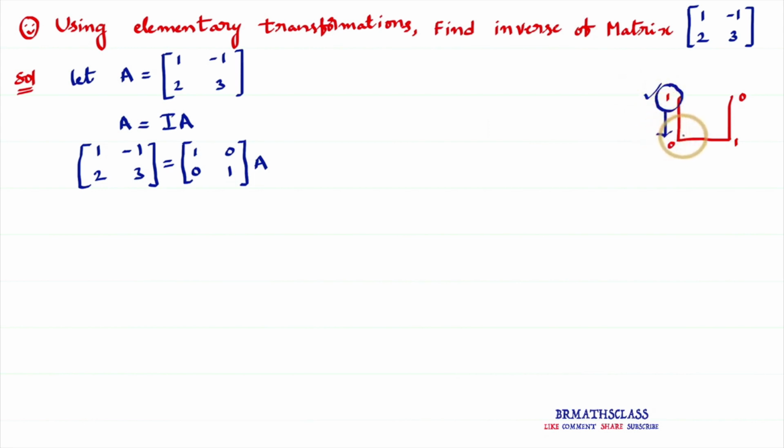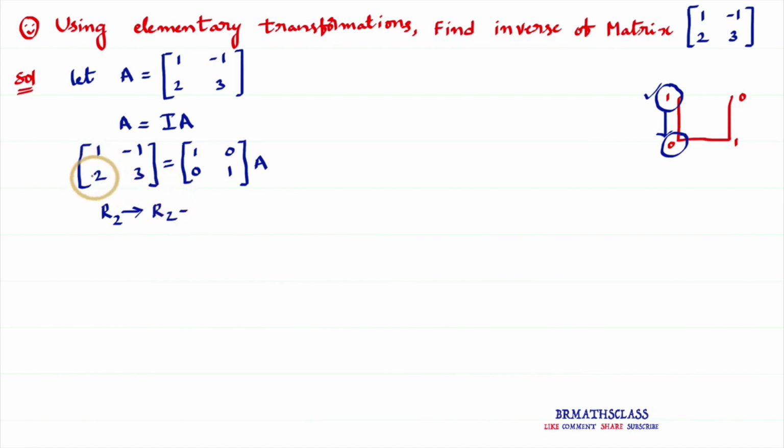You want to make this element 0. You look here, this element is not 0. But when 1 is there here, making this element 0 is very easy. This element is in the second row. You write R2 changes to the same row, R2. Here 2 is there. If 2 is present here, 2 minus 2 will become 0 easily.